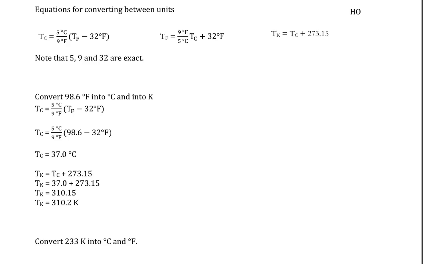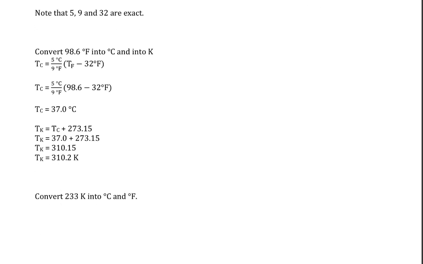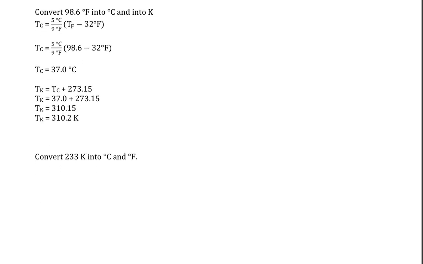So here's an example for us. Convert 98.6 degrees Fahrenheit into degrees Celsius and into Kelvin. So that's our average body temperature, although I hear it's gone down a little. So degrees Celsius equals 5/9 times degrees Fahrenheit minus 32.